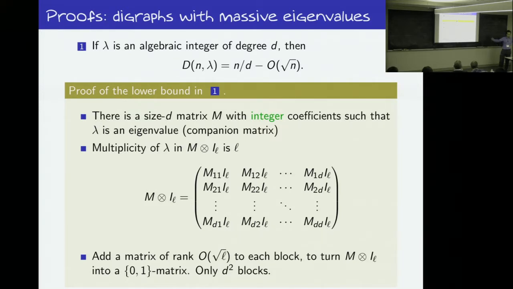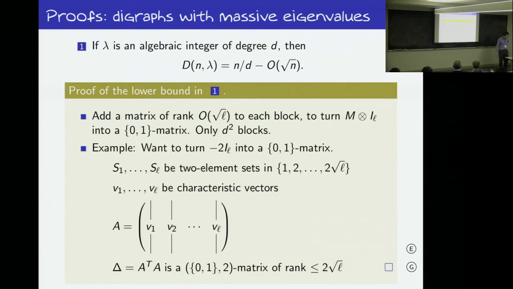I'll just show you a typical case, and again, you will have to believe me that it generalizes. Let's see an example of how to turn -2 times the identity matrix into a 0, 1 matrix. I chose -2 because it's the simplest thing to do, but it does generalize.